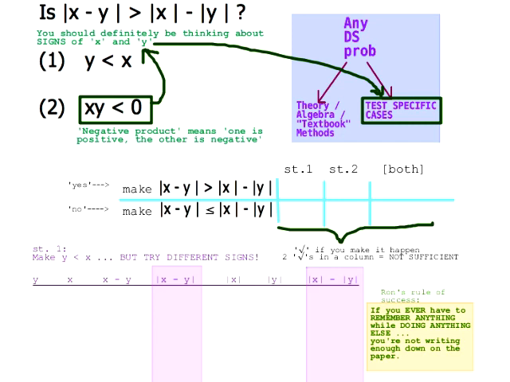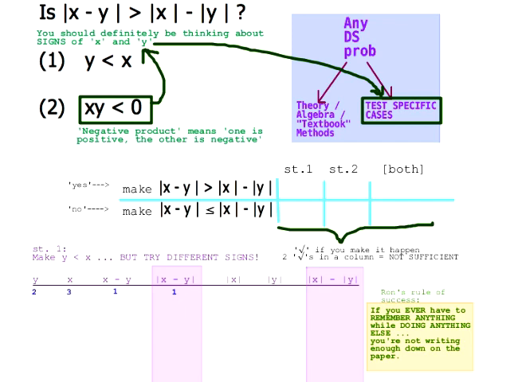Let's just throw some numbers in there. So statement 1: y is less than x. You start with things like 2 and 3. So x minus y is 3 minus 2, and the absolute value of 1 is still 1.